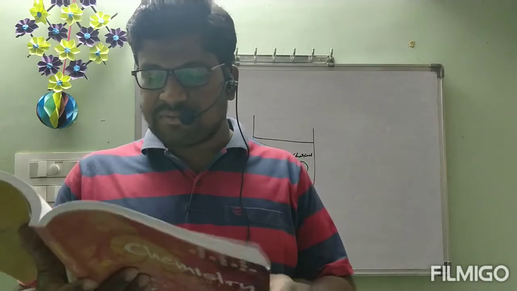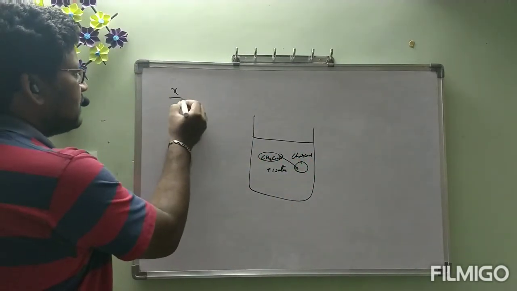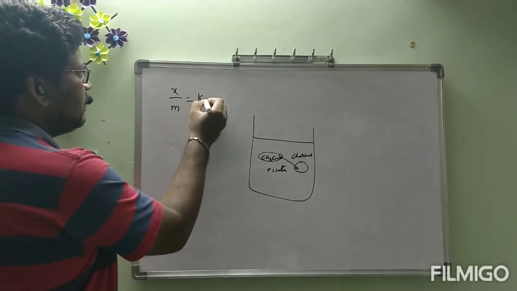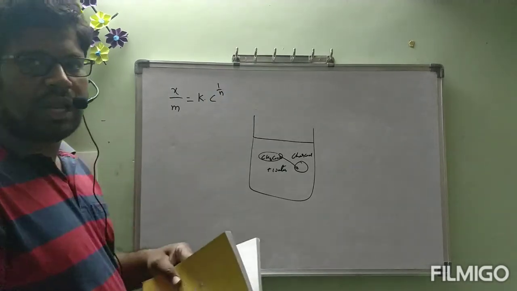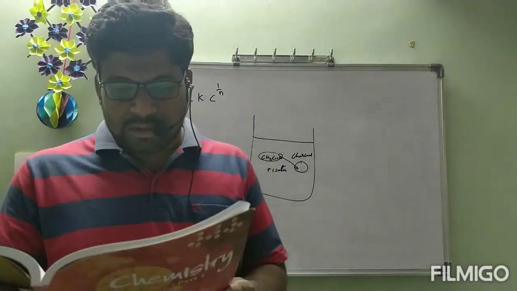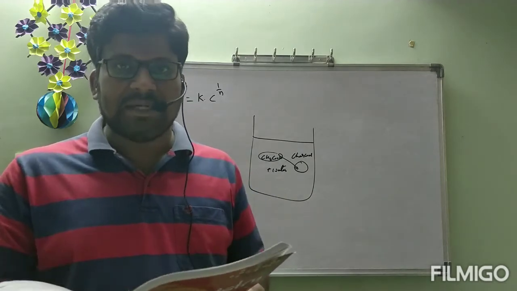The precise mechanism of adsorption from solution is not known. Freundlich's equation approximately describes the behavior of adsorption from solution, with the difference that instead of pressure, the concentration of the solution is taken into account. Previously we had x by m is equal to k into p power 1 by n. Now we take x by m is equal to k into c power 1 by n, where c is the equilibrium concentration, that is, when adsorption is completed.